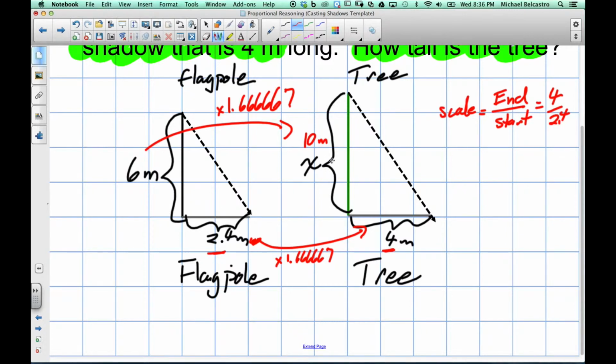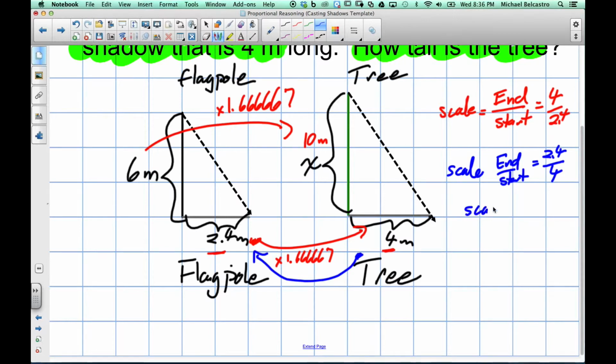Now, remember we talked about how we could technically go backwards. Say we found another scale, and we'll use it for checking. Let's say we're going the other way. We take our end number and divide by our start. So if we're ending at 2.4 and we start at 4, we take 2.4 and divide by 4, and that'll be our new scale.